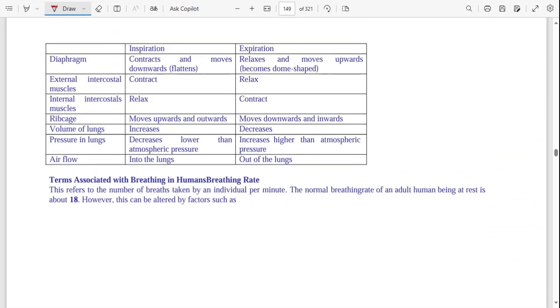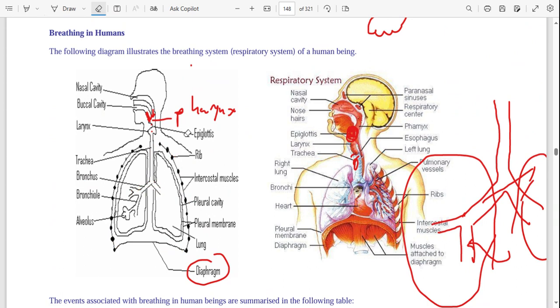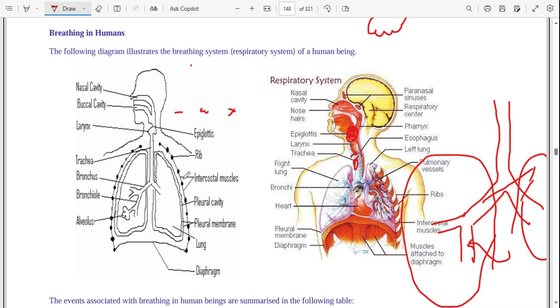So what happens during respiration? Respiration involves inspiration and expiration, breathing in and breathing out. You need to know what happens to the different muscles. Remember I've talked about the ribs. Between ribs, you have muscles.